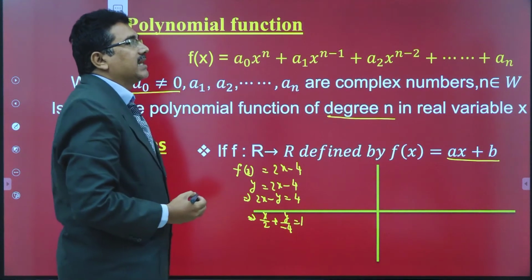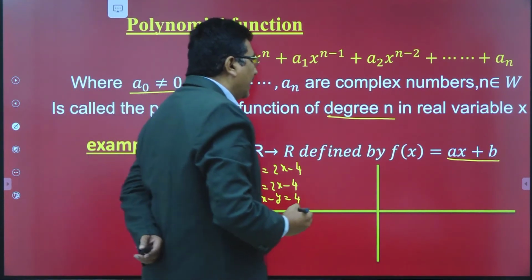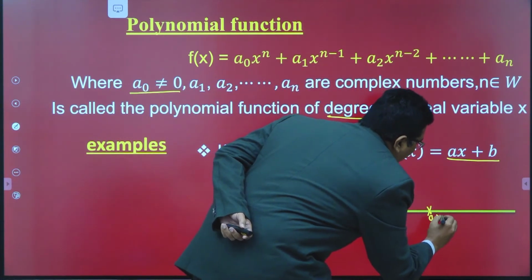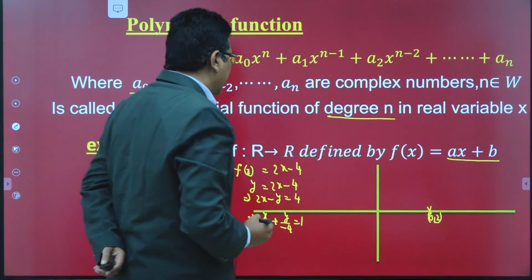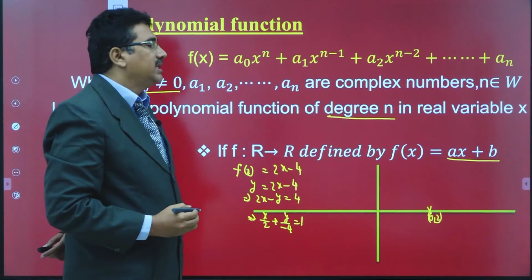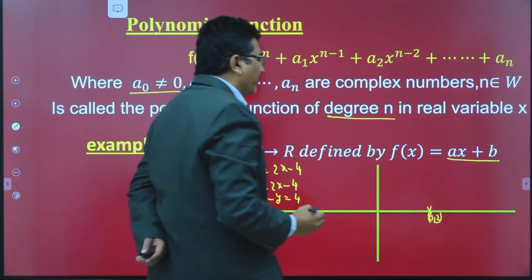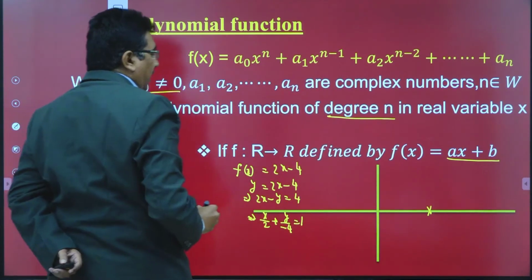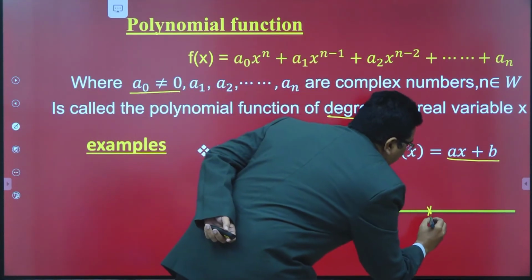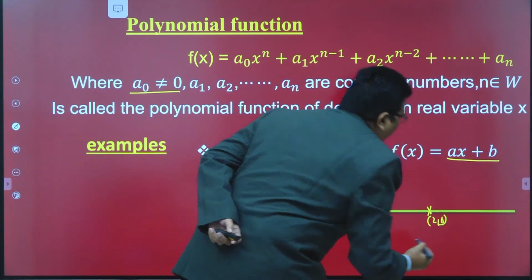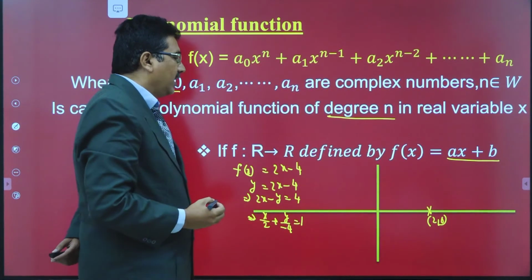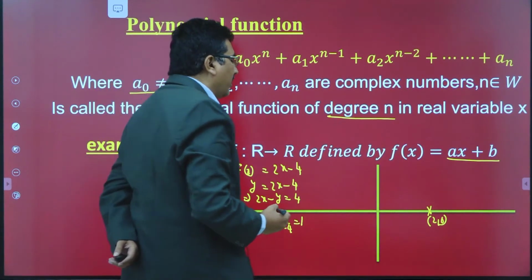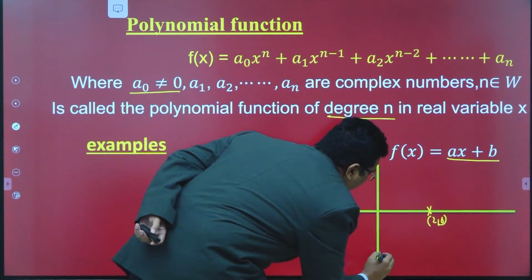Now, the x-intercept is 2, 0, that is on the positive x-axis. The y-intercept is 0, minus 4, that is the point 0, minus 4 on the negative y-axis.